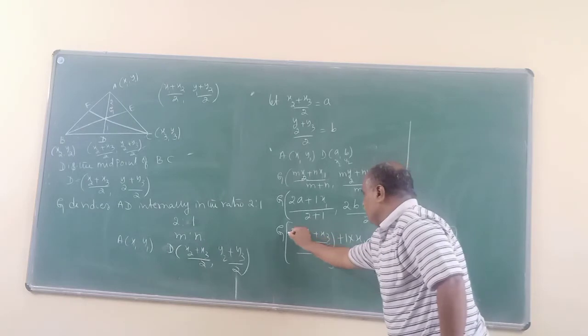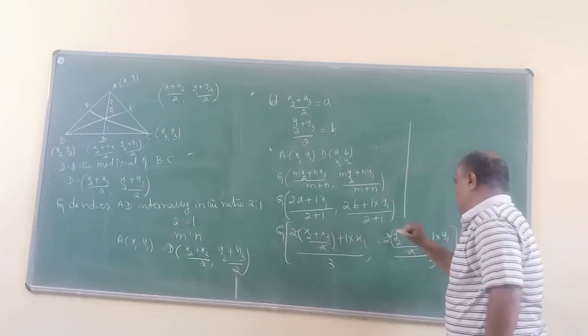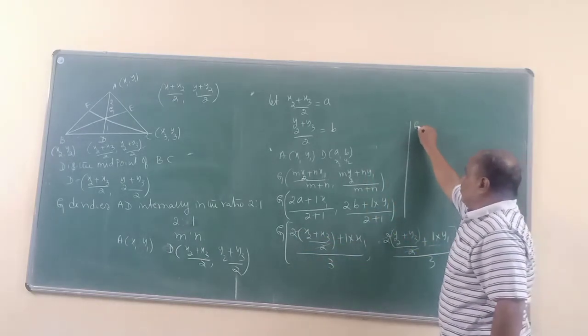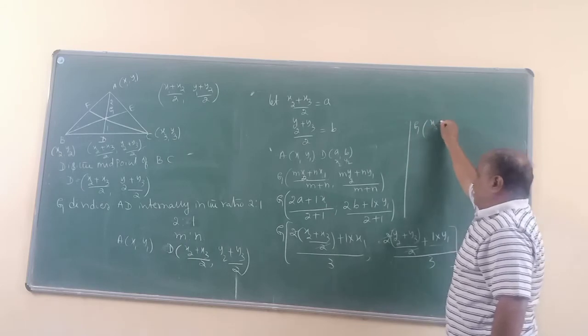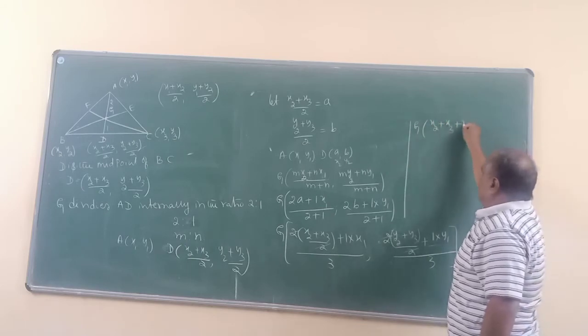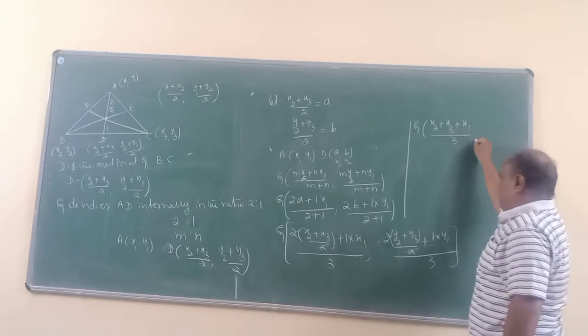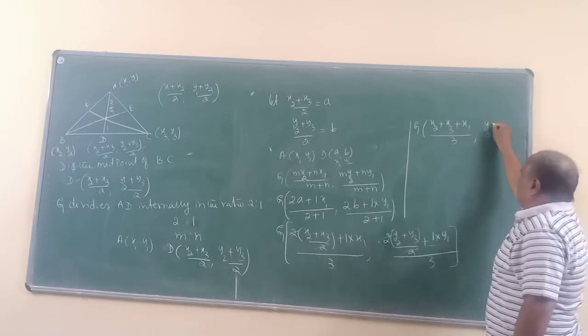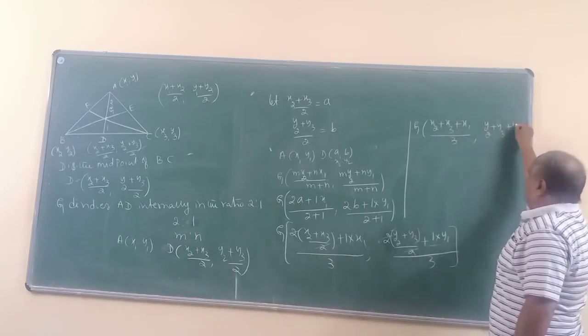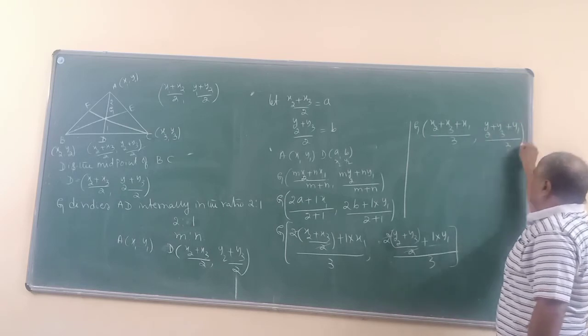So these two get cancelled, and these two get cancelled. G coordinate is x2 plus x3 plus x1 divided by 3, y2 plus y3 plus y1 divided by 3.